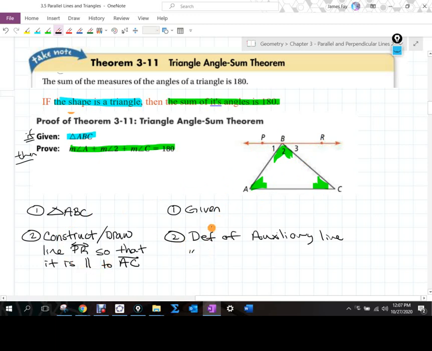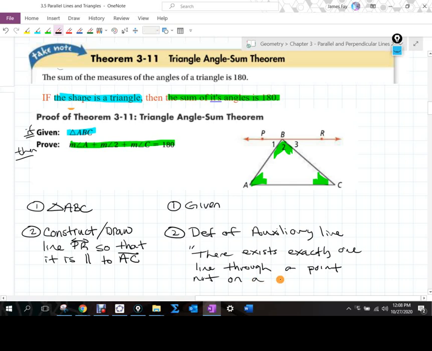We had that postulate that said there exists exactly one line through a point not on a given line that is parallel to the given line.